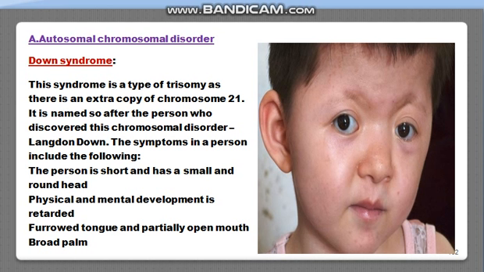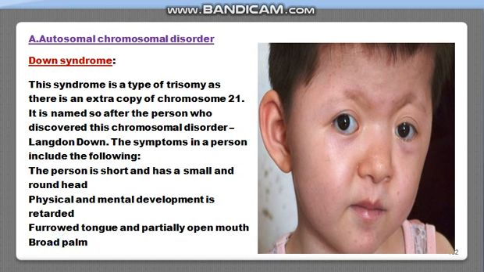The symptoms of Down syndrome are as follows: the person is short and has a small and round head. Physical and mental development is retarded. There is a furrowed tongue, a partially open mouth, and a broad palm.